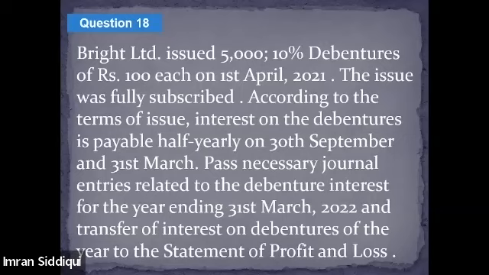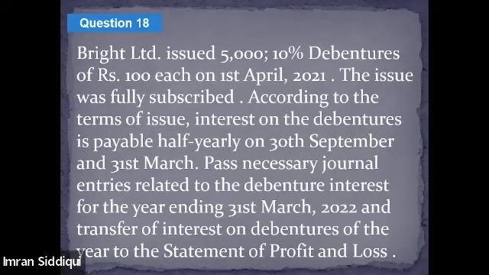The issue was fully subscribed. According to the terms of issue, interest on debenture is payable half yearly on 30th of September and 31st of March. You need to pass the necessary journal entries related to the debenture interest for the year ending 31st of March 2022 and the transfer of interest on debenture for the year to the statement of P&L account.